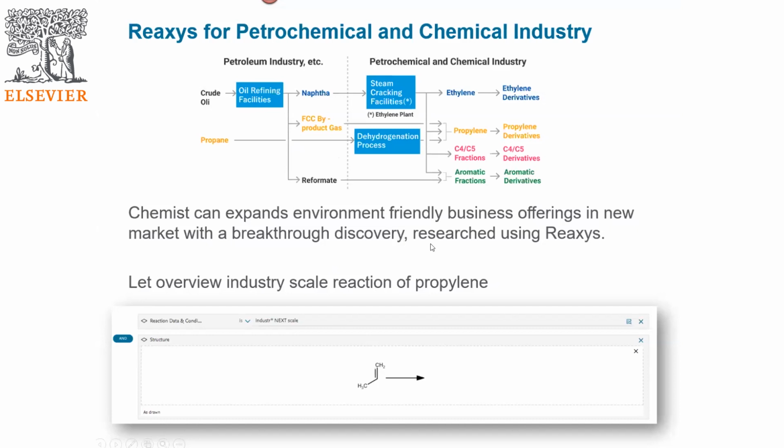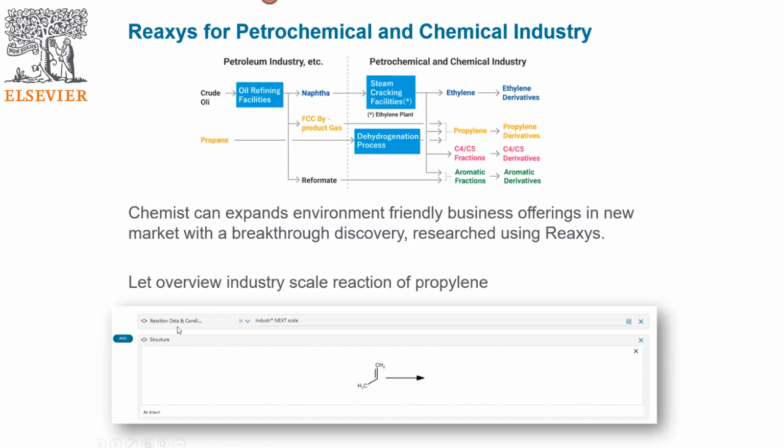For example, if you're a petrochemical researcher and you have polypropylene, you can assess what kind of green industries, green processes can be used to get more products from propylene and propylene derivatives.